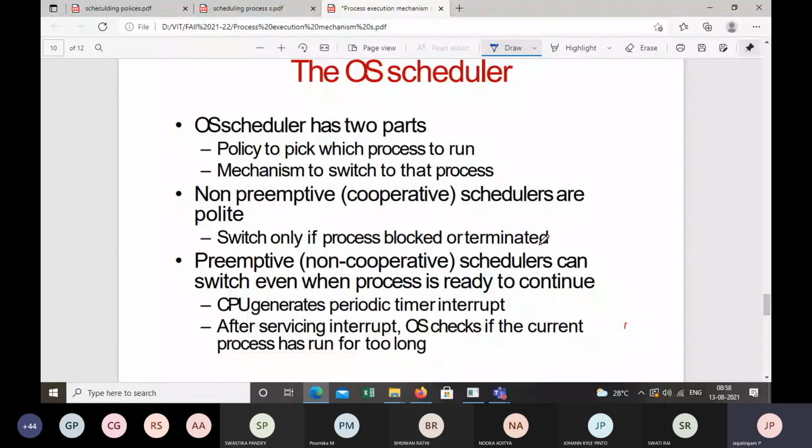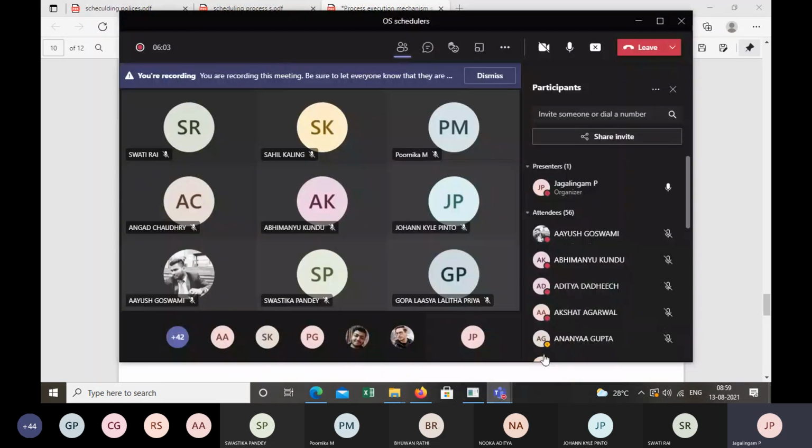Okay, fine. So now let us try to understand what the operating system scheduler is. What do you mean by this? Do you have any idea? What do you mean by OS scheduler?